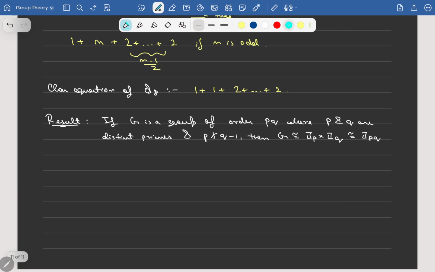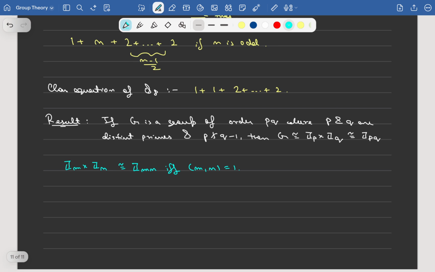So it's a cyclic group. You can prove that Zm cross Zn, which is called the direct product of groups, where the group is formed by component-wise operations, is isomorphic to Zmn if and only if the GCD of m and n is equal to 1. This is a consequence of the Chinese remainder theorem.